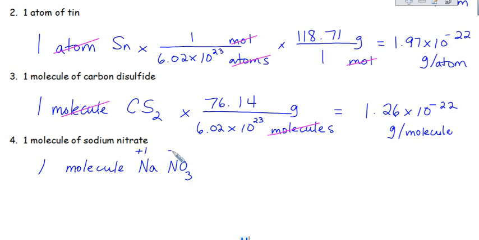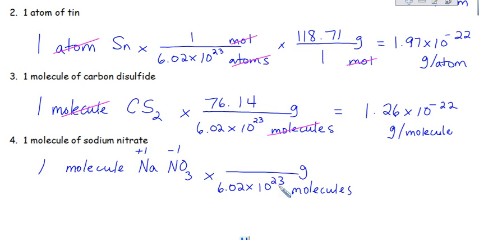Nitrate is -1. If you need to show work, like on the homework or on a test or a quiz, this is what I need to see. We're going to cancel molecules. Switch it to grams. Molecules, 6.02 times 10 to the 23rd.